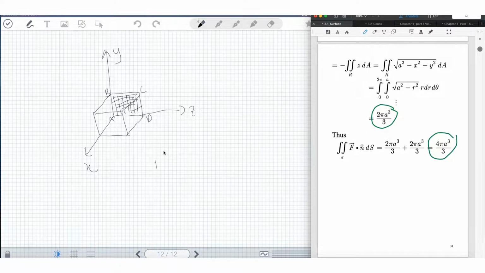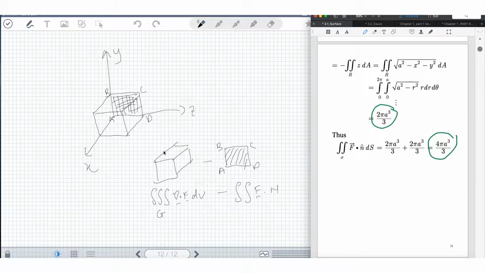You compute the whole cuboid using the triple integral of divergence F dv for this cube or cuboid, minus the surface integral for the plane A, B, C, D, which is an open surface. So you have to compute the double integral F dot n dA over the region R. So this is another trick.